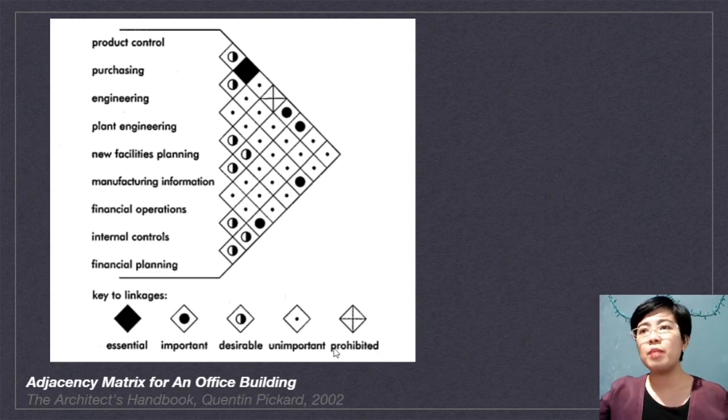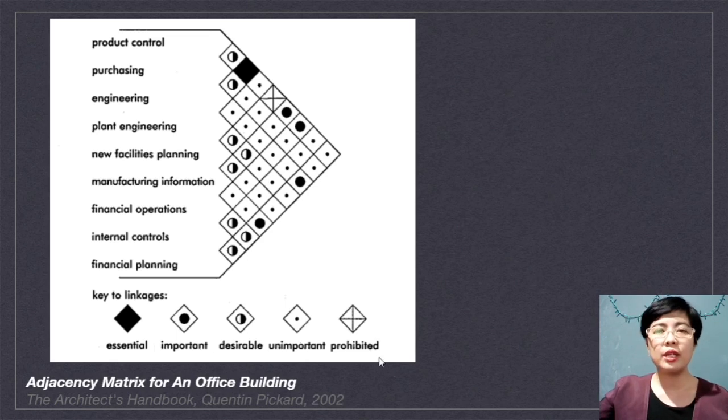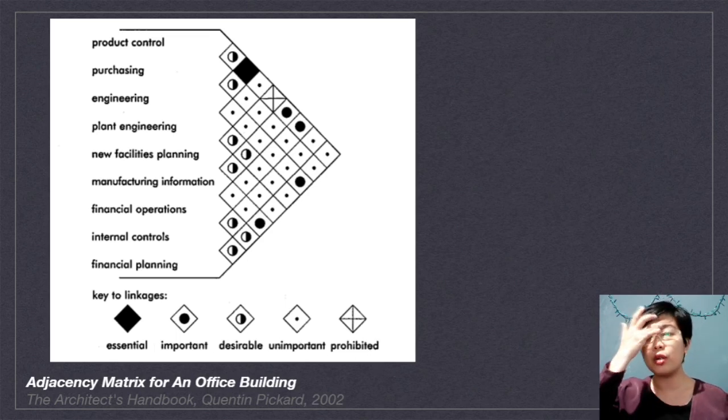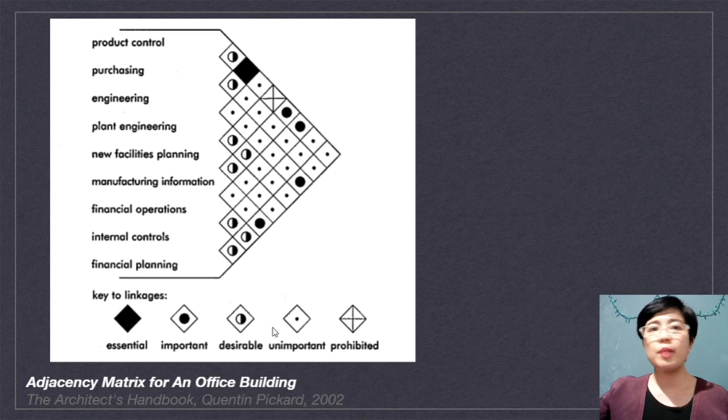And then prohibited. So, you can use symbols like this. Pwede rin kayong gumamit, pwede kayong mag-color code. So, depende yan sa kung paanong presentation or how you want to present it. Pero you can use symbols like this. Minsan, bawas yan eh. Minsan, adjacent, magkalapit dapat sila, not adjacent, or wala talagang access.